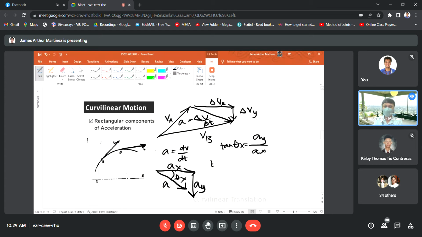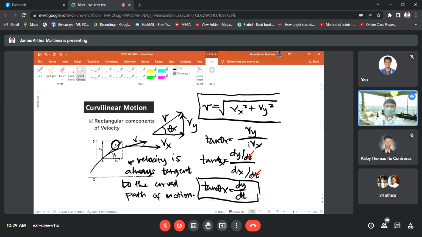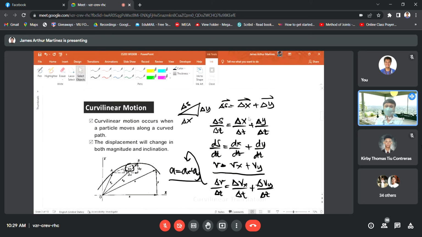And by the relationship of your acceleration and displacement, recall from our previous discussion that acceleration is the second derivative of displacement. We have talked about that during our fundamental concepts and principles of dynamics. So your acceleration is the second derivative of displacement, in which in this case we have set displacement as x and y components.